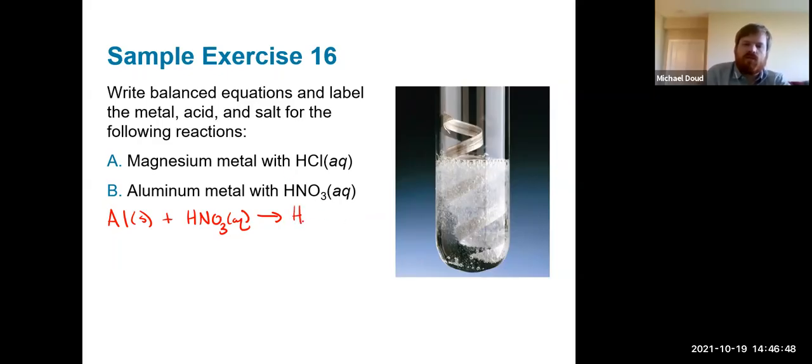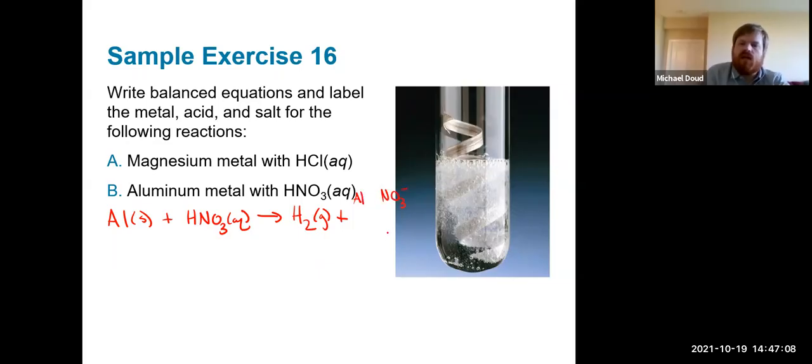Okay, so now the first thing that we note is if hydrogen is displaced, then it's displaced as its element form, hydrogen gas. Okay, and then that means that the resulting compound has to be whatever anion is left over, nitrate, and then the cation, aluminum.